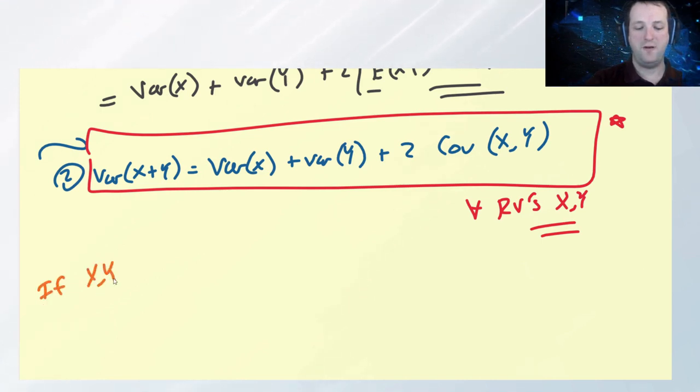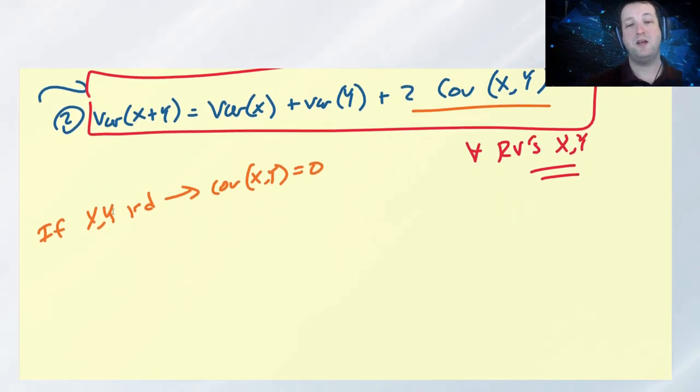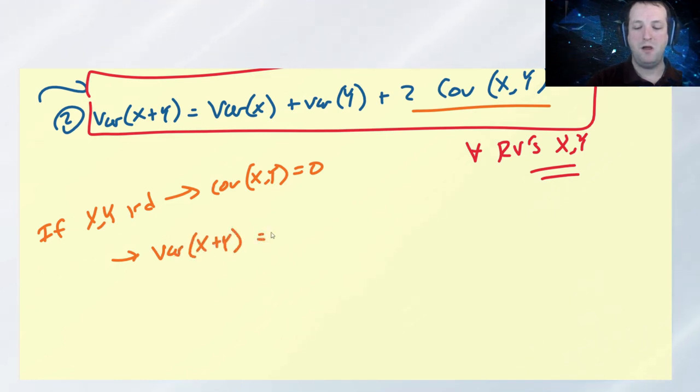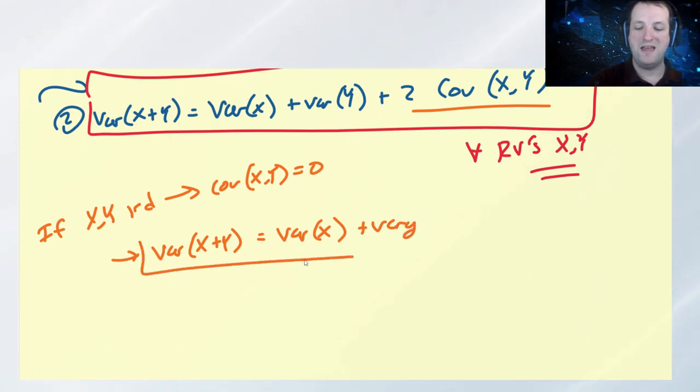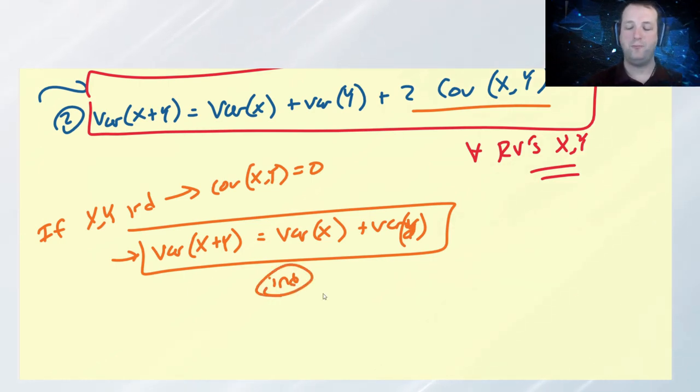If x and y are independent, then we know that the covariance between them is equal to 0. So if the covariance between them is equal to 0, that's going to delete that last term. And then we get a special case for the variance formula. So the variance of x plus y is equal to the variance of x plus the variance of y if and only if the random variables are independent.